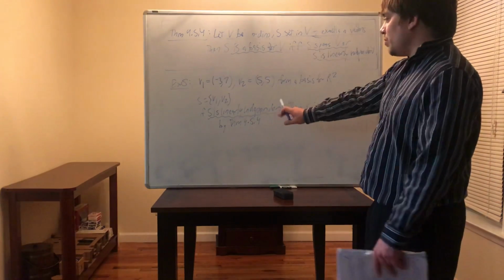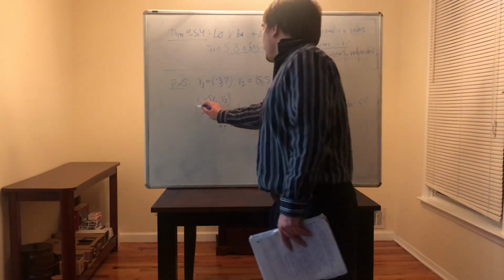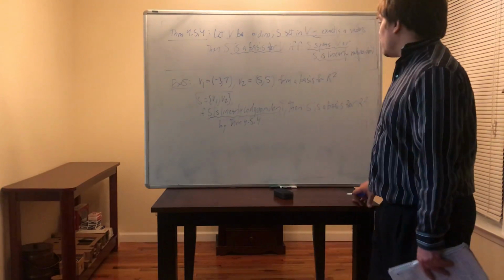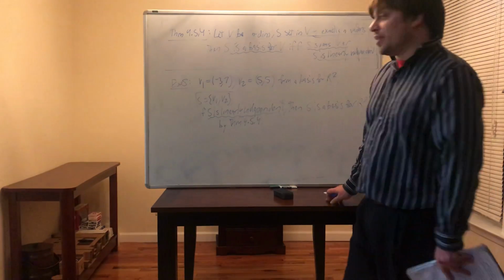Okay, so the goal now is just to show S is linearly independent. But now S is a set with two vectors in R2, and neither is a linear combination of the other, which means it's linearly independent.